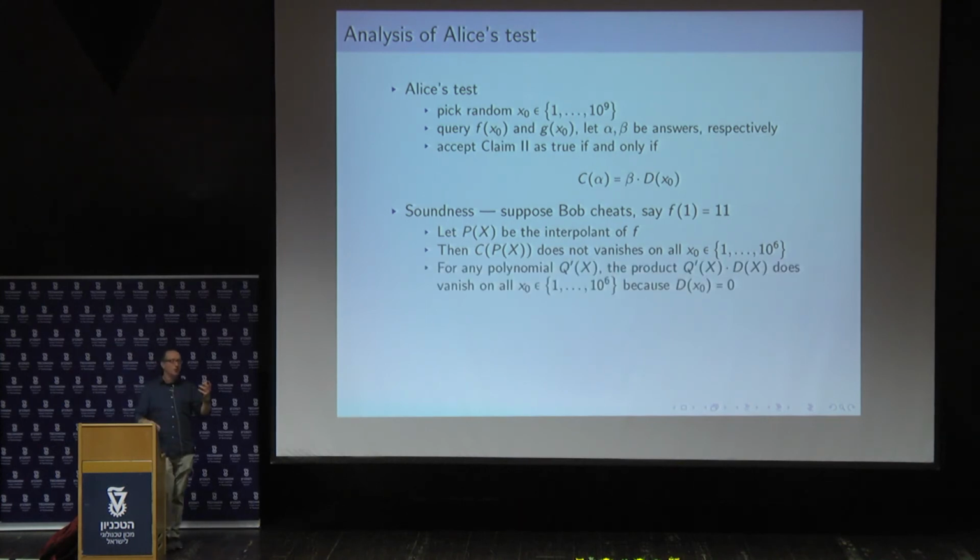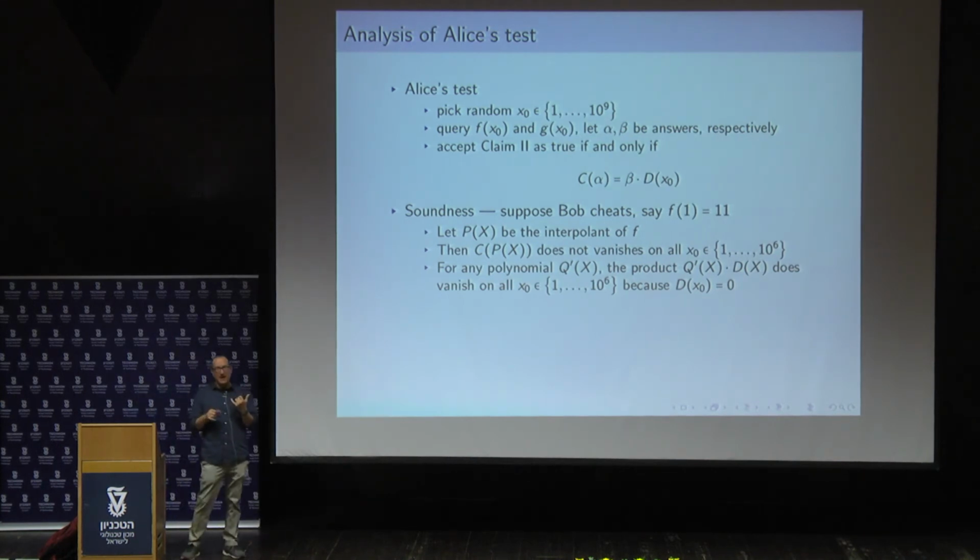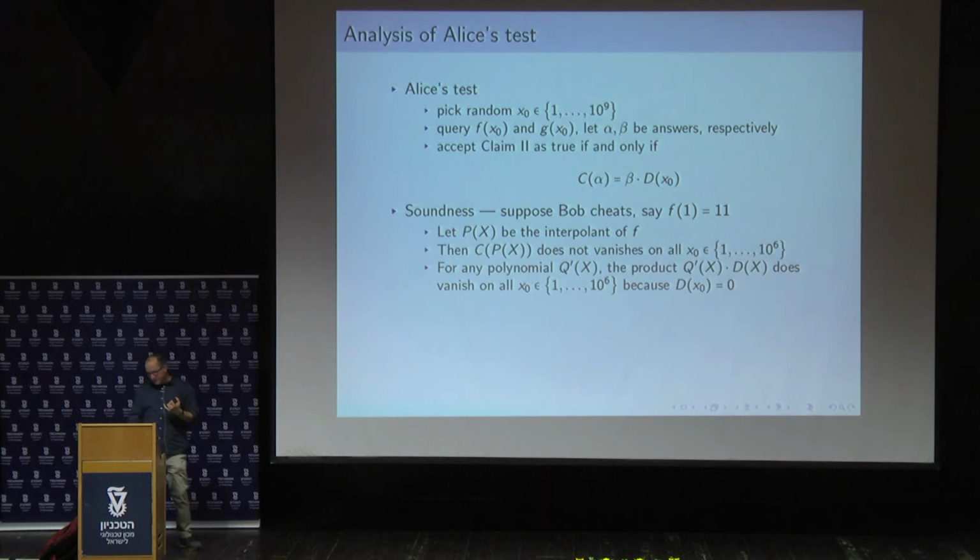But for any other polynomial that G is supposed to be its evaluation, if you look at Q prime of x and multiply it by D of x, the domain polynomial, selected to vanish on all the first 1,000,000 entries, and once a polynomial is vanished, if you multiply it by something, it's still 0. So the right-hand side of the test will be 0.